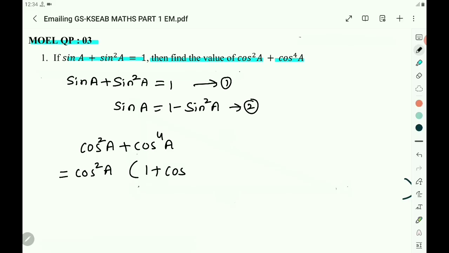So here you have to write cos square A into 1 is cos square A, and cos square A into cos square A is cos power 4A.